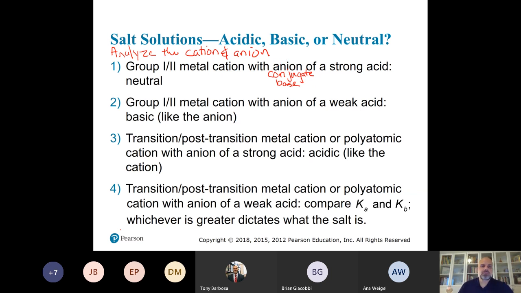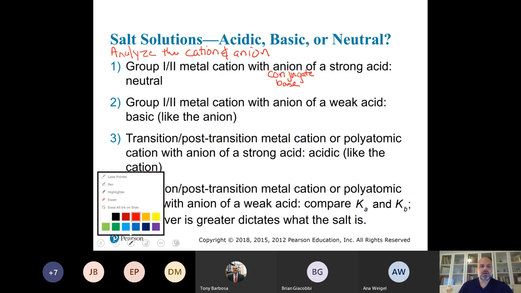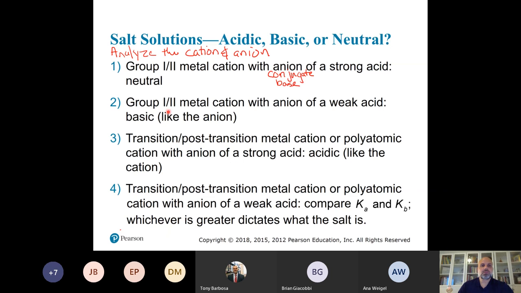So the second example here, if we look at the group 2 metal cation, we know this part is going to be neutral, and we pair it with the anion, or the conjugate base, of a weak acid. The conjugate base of a weak acid is in equilibrium with the acid, and therefore it's going to be basic.